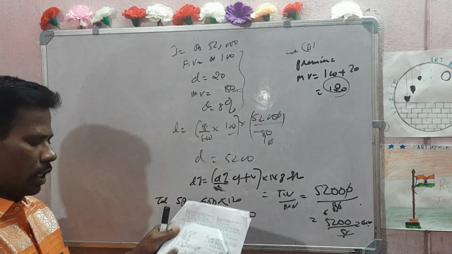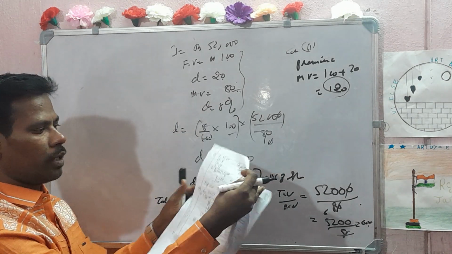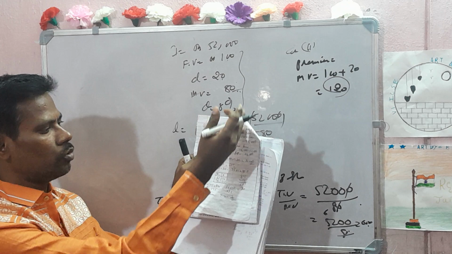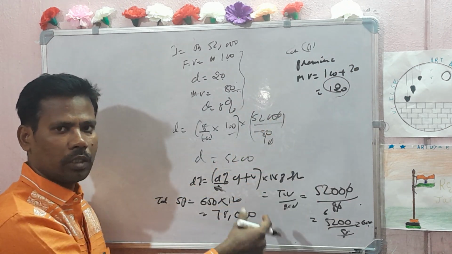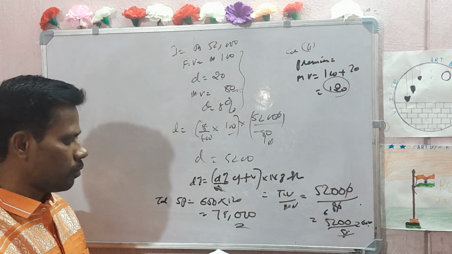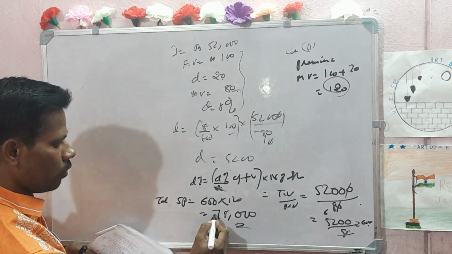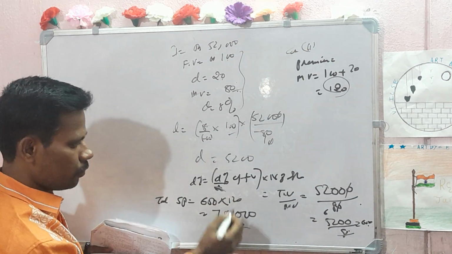I have already done it here, so I am writing directly. You also need to do it in the rough column and then write it. I am not writing it here to save time, so I am copying from here. So 78,000 is the answer.